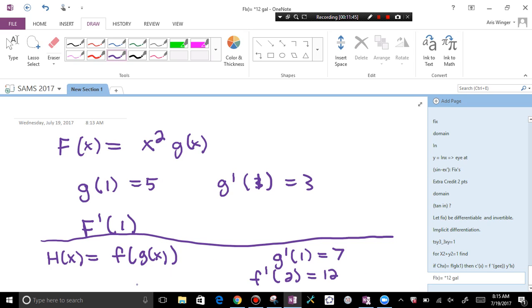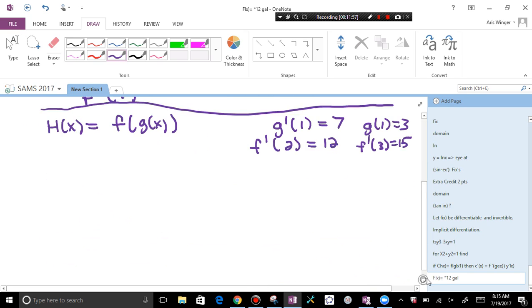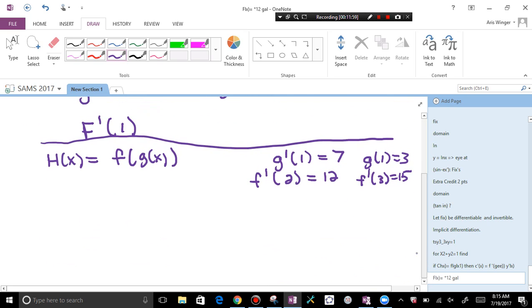I'm going to tell you that g of 1 is 3, and that f prime of 3 is 15. The question is, what is h prime of 1?